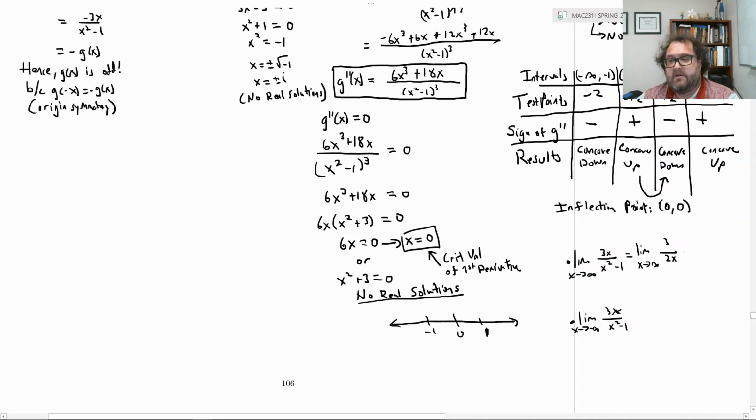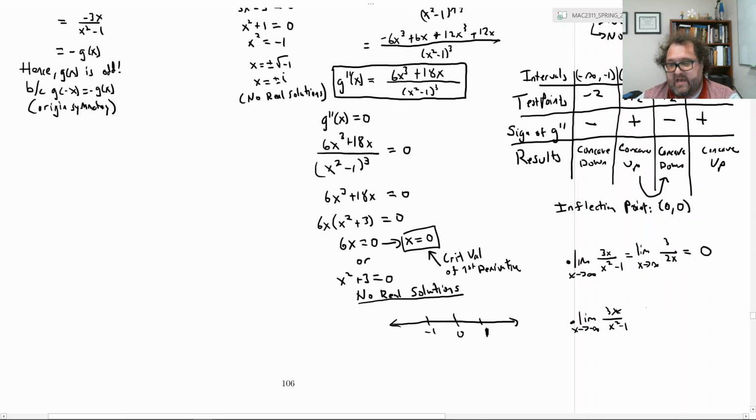Okay? Now, you might say, well, that doesn't really do a lot of good, but notice what's happening there. We always can stop whenever we get to a limit where the numerator is constant and the denominator is variable. Because if the numerator is constant but the denominator is variable, that means the denominator is growing, and the numerator is staying static, which means the overall fraction must tend towards 0.